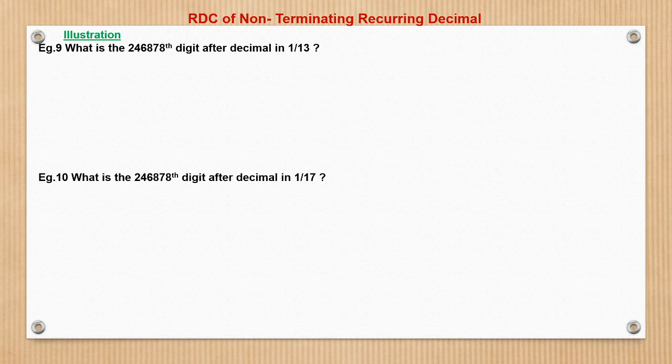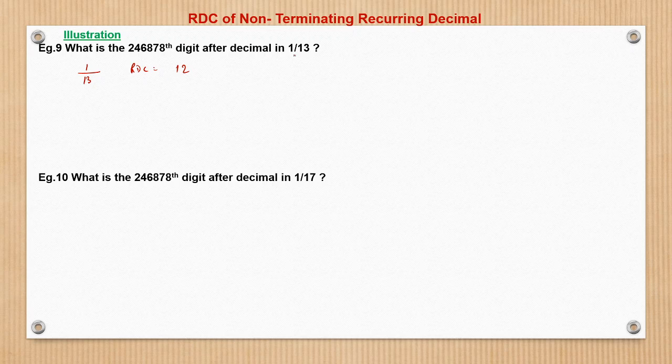Now some application of this RDC. What is the 246878th digit after the decimal in 1 by 13? It would have been difficult to find otherwise. For 1 by 13, we know the RDC is 12 because 13 is a prime number. We will see later that it has an even lower RDC, but the maximum would be 12.